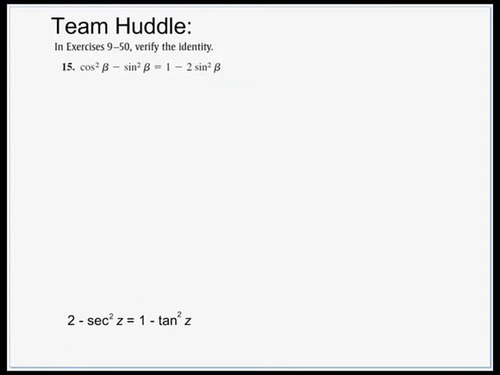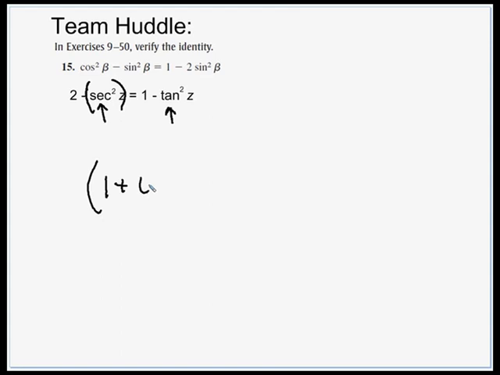And we'll use a similar technique for this last one. Again, on the right, we only have tan squareds. Over here, we only have 1 secant, and it's negative. So we could approach this by taking this secant squared z and replacing that with a 1 plus tan squared z.